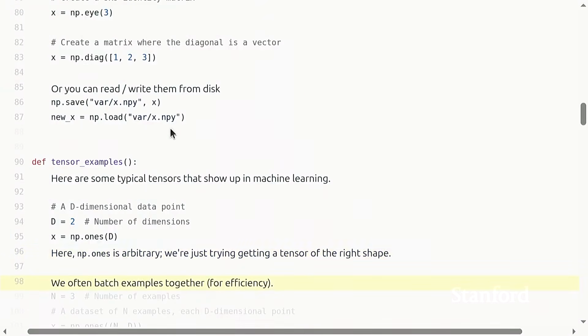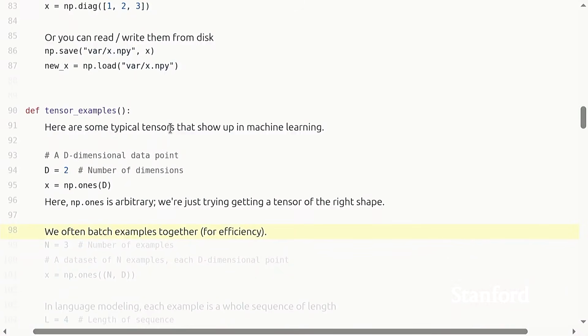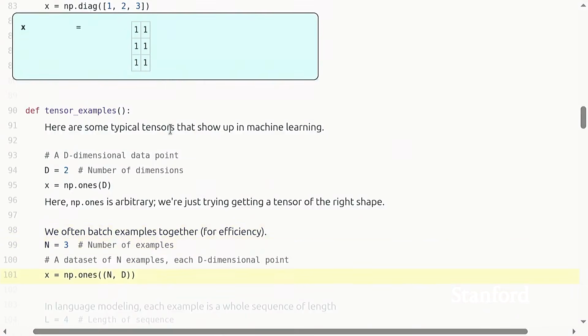We often will batch examples together for efficiency, which we'll explain a bit later. So if you have 3 examples, you can represent a data set of n examples, each d-dimensional, as follows. So we have the first row is the first data point, second row is the second data point, third row is the third data point.